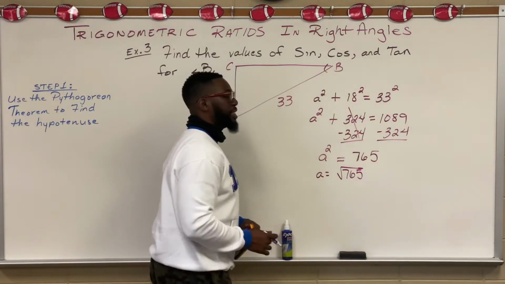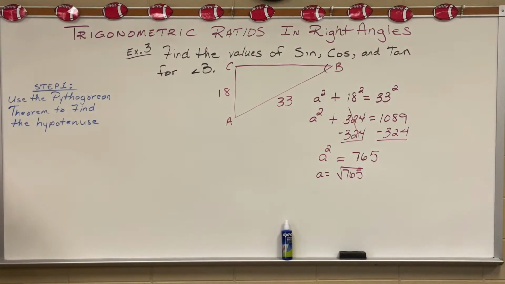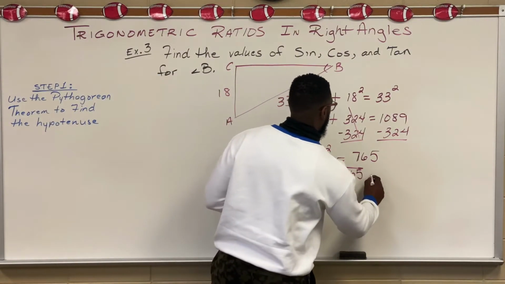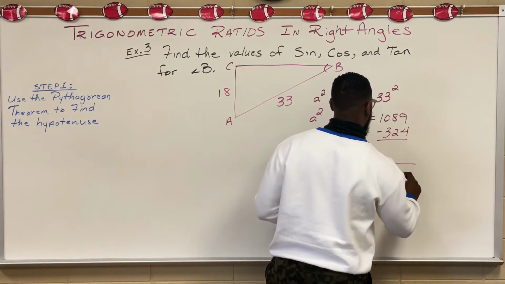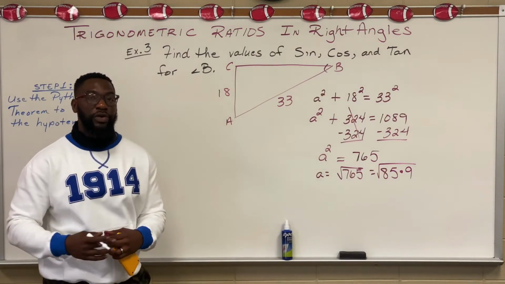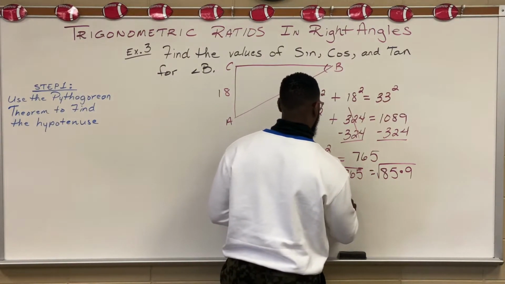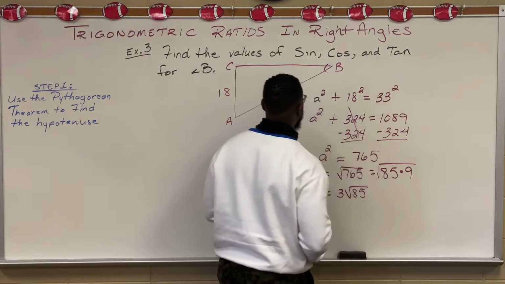We break this down into two numbers that we can multiply to get 765: 85 times 9. What's the square root of 9? 3. So A equals 3 times the square root of 85.